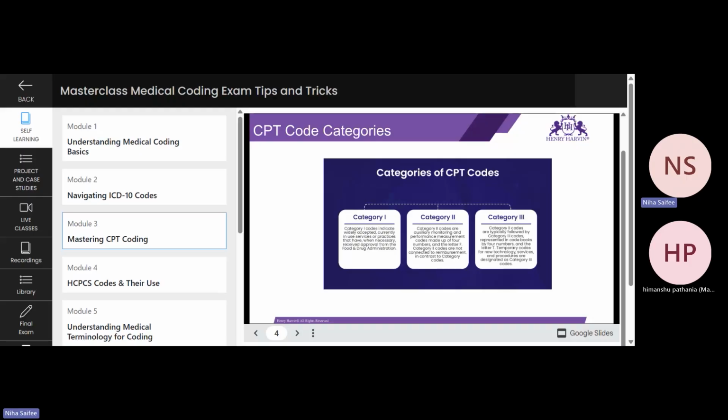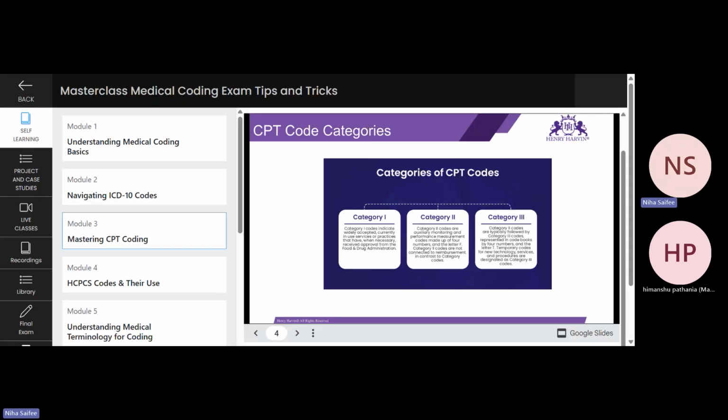That's how you will be able to understand how much reimbursement is to be paid to the physician, right? But category 2 codes don't have any financial value. They are just for increasing the quality of the services.